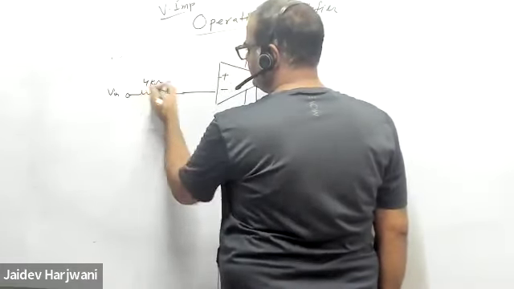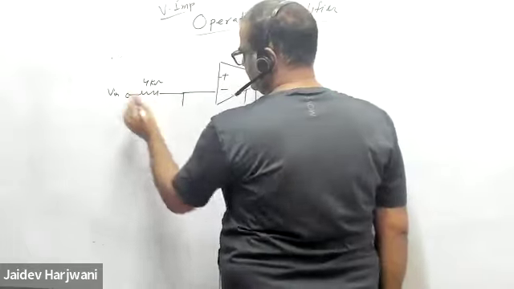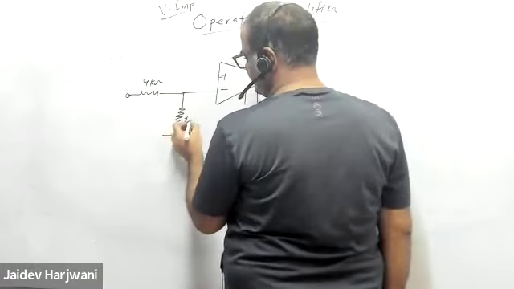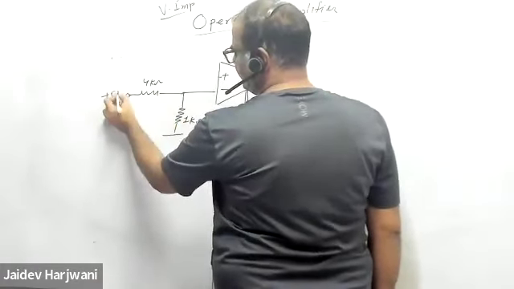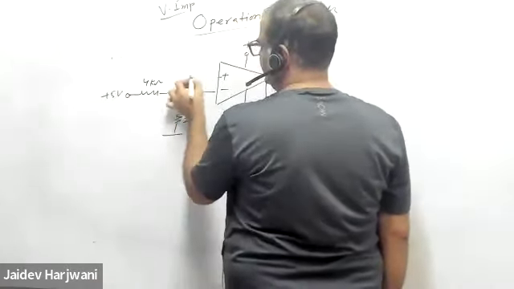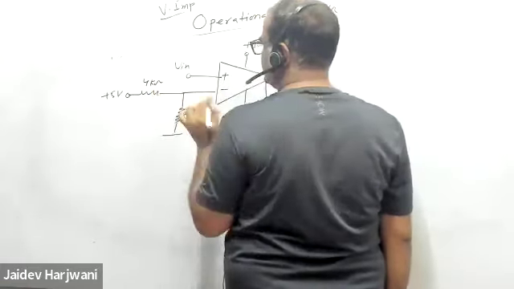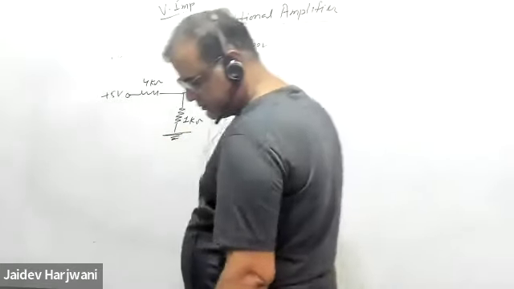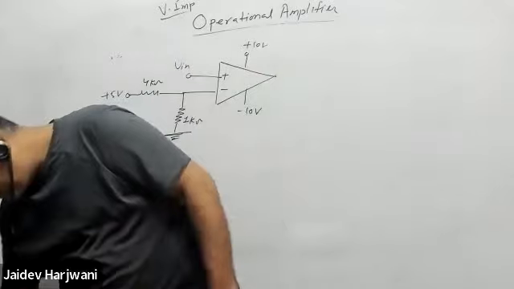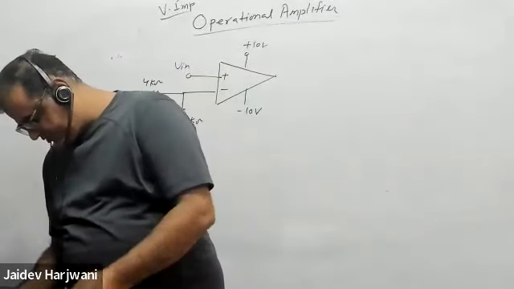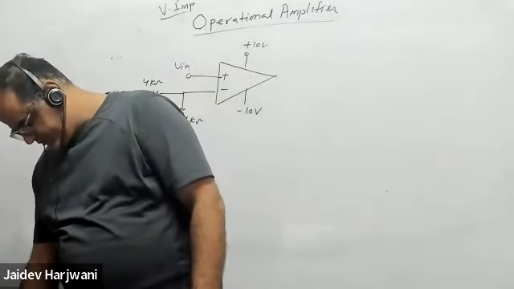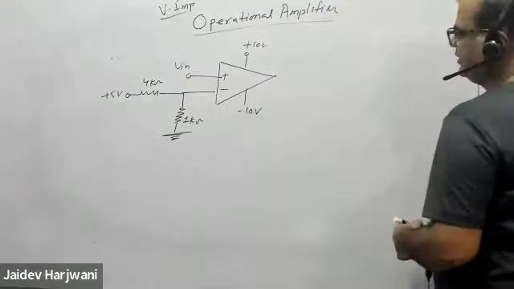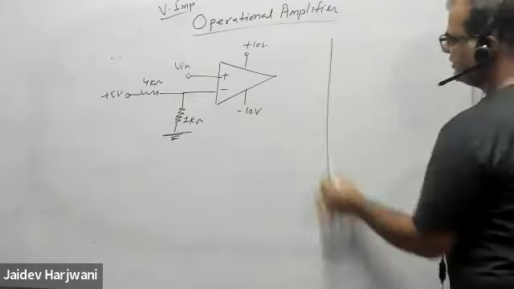This is 4 kilo ohm and this is 1 kilo ohm. Here I'm applying 5 volt, and here I'm applying some V input. Now you have to tell me what is the transfer curve for this one. I'm giving the input, you have to tell me what is the output.